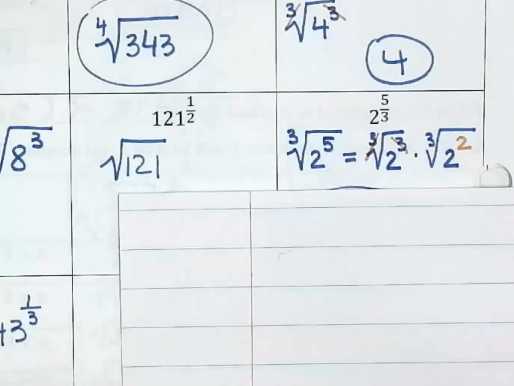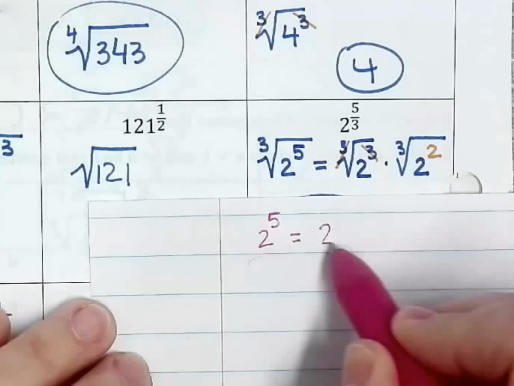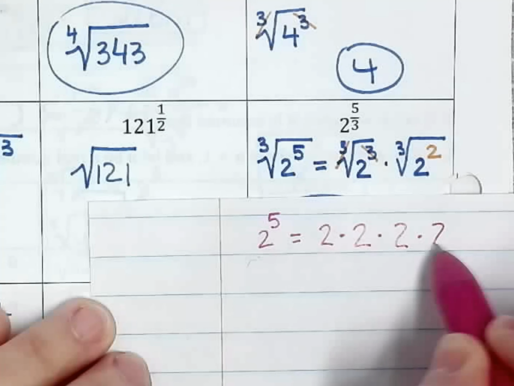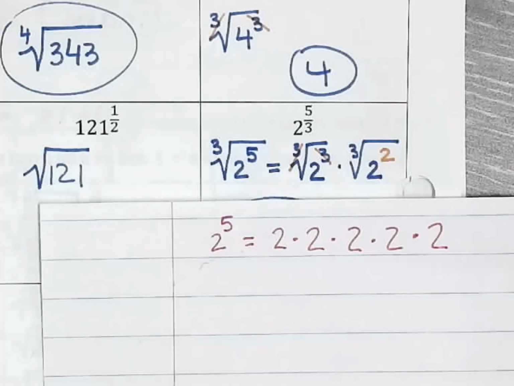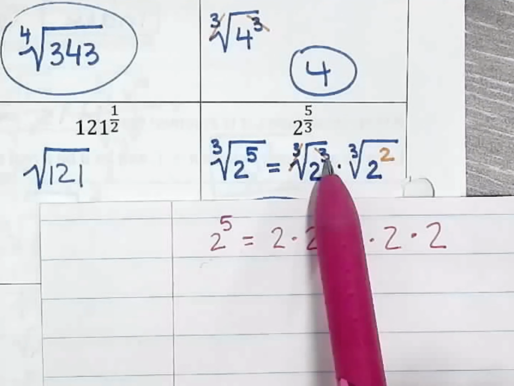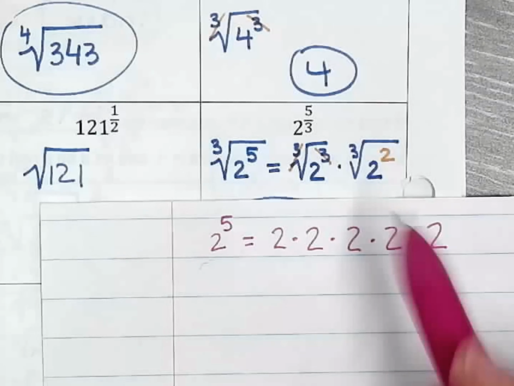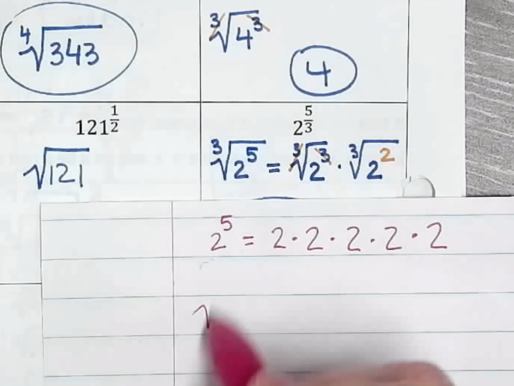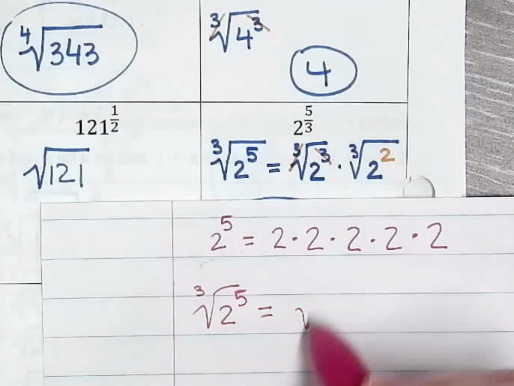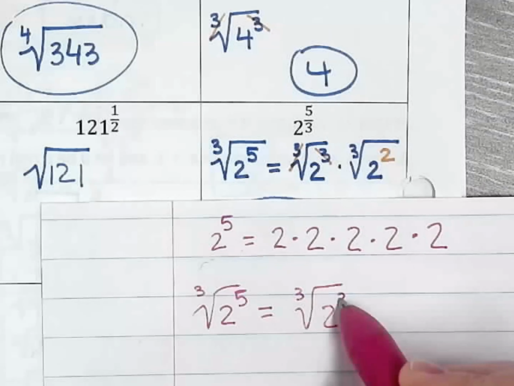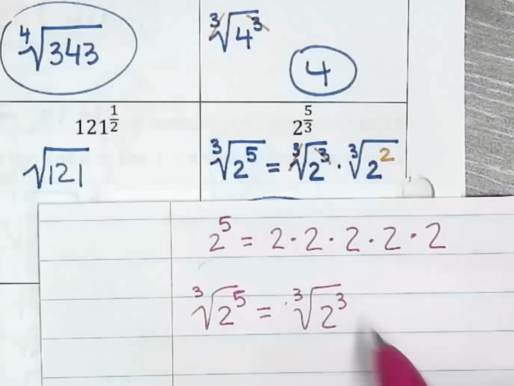Okay? So now, when we think about what 2 to the 5th power means, I have 2 times 2 times 2 times 2 times 2. I know if I rewrite this with the exponent 3, I'll be able to simplify that exponent with the index. That's why I did this. So I'm rewriting the cube root of 2 to the 5th power as cube root of 2 to the 3rd power, because I know if I match, I'll be able to simplify them.